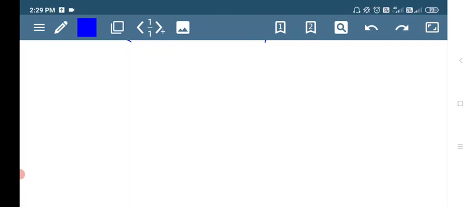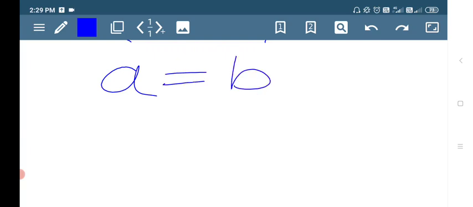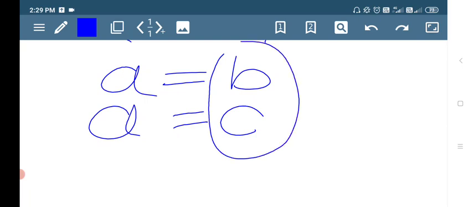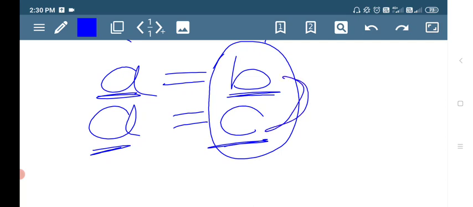Dear students, a small question I would like to ask you. If A is equal to B and A is equal to C, can you say that B and C are equal? Yes, very good, exactly. Because A is equal to B and A is also equal to C, B and C must be equal to each other.